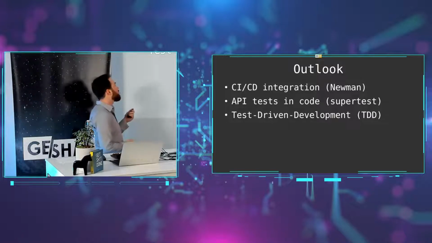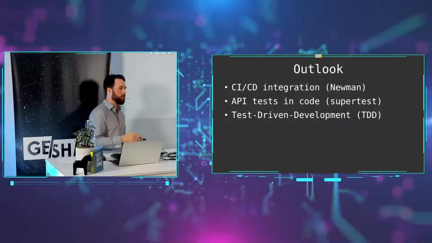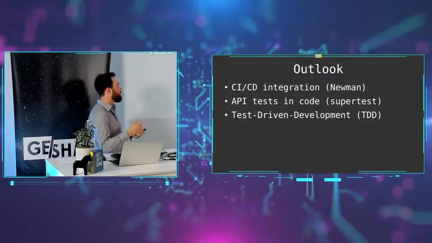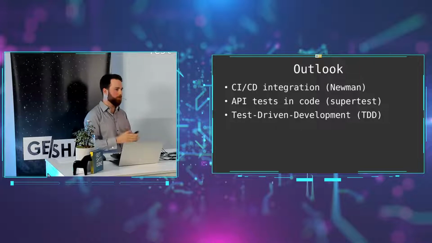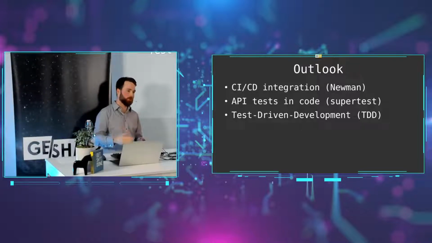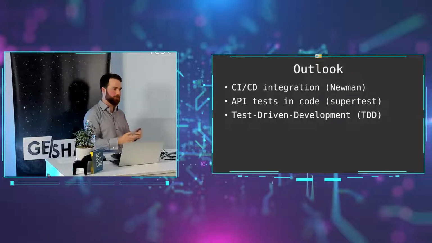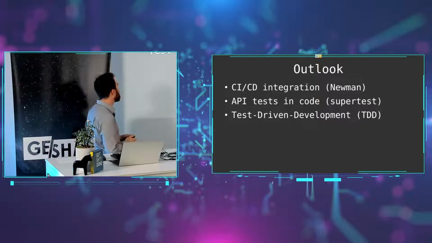Instead, it would be nice if we can integrate it in the workflow of our deployment, so that automatically at the end of our deployment, or at the end of the pull request, I guess, it would check that all these tests are running through successfully and would give back a response to the developer if something has failed. That would be possible with Newman, a sub-application of Postman.